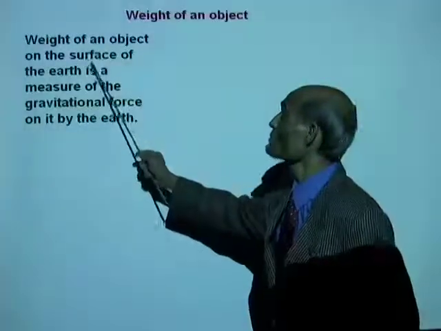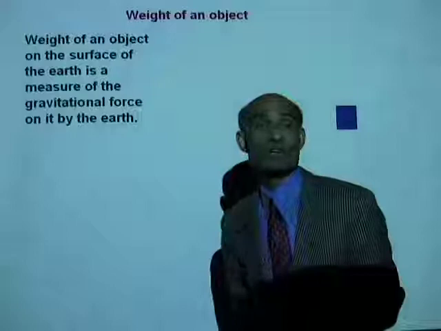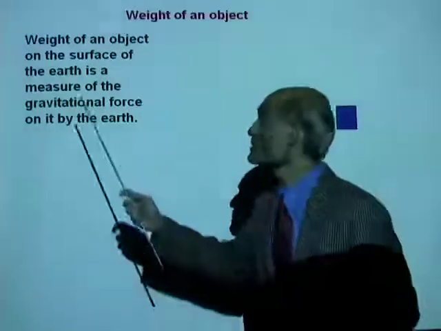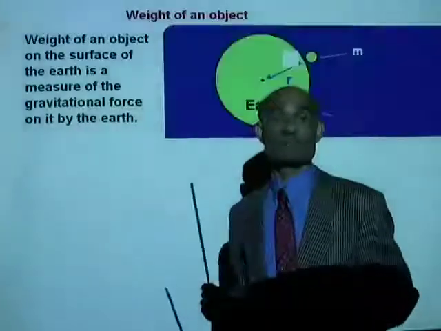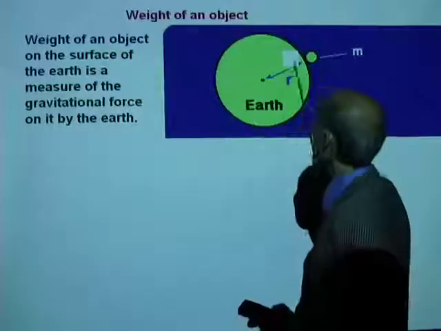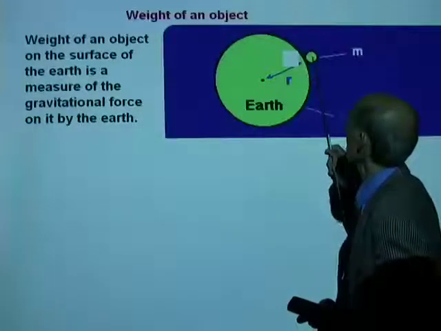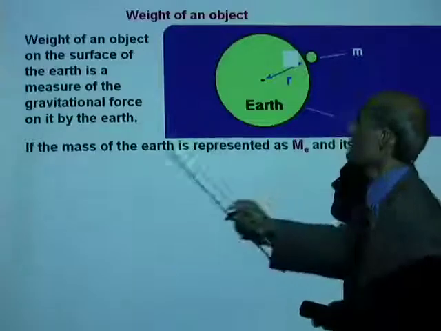Weight of an object on the surface of the earth is a measure of the gravitational force on it by the earth. Now, here I have the earth, and here is an object of mass m.